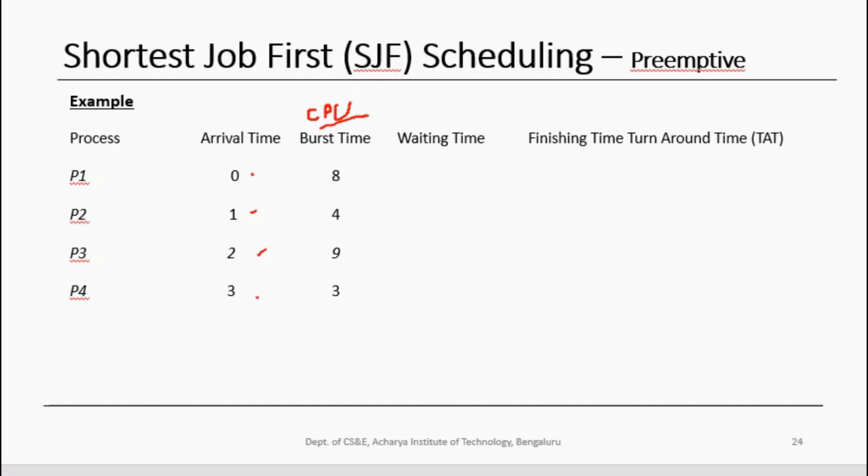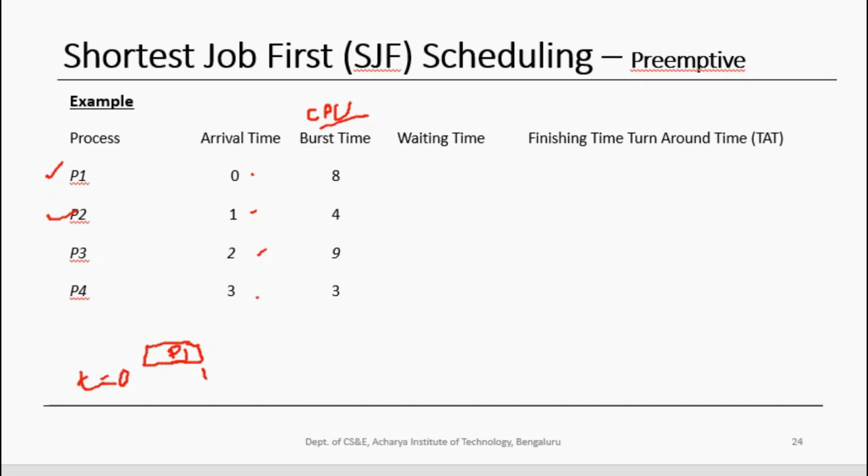preemptive. Now when you start at t is equal to 0, which process is there in the ready queue? There is only one process in the ready queue, that is P1. So there is no other choice but to give the CPU to this P1. And assume that this P1 has run for one time unit. Now this is when P2 is arriving into the ready queue.